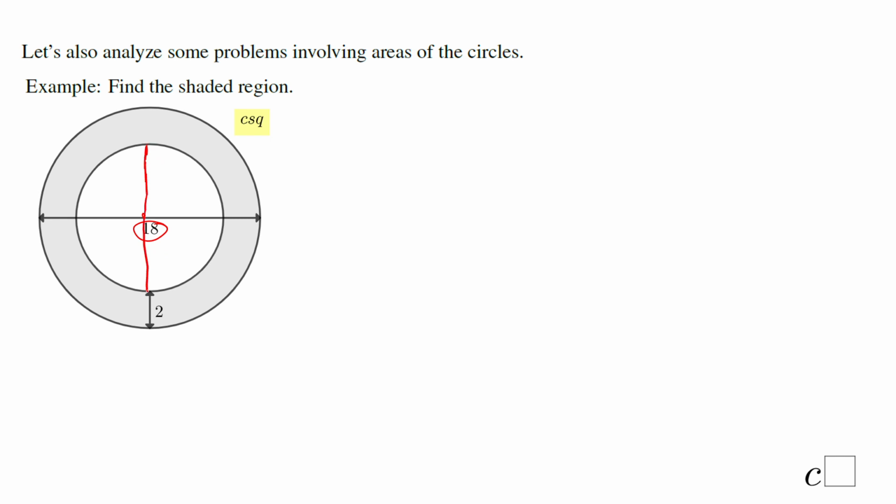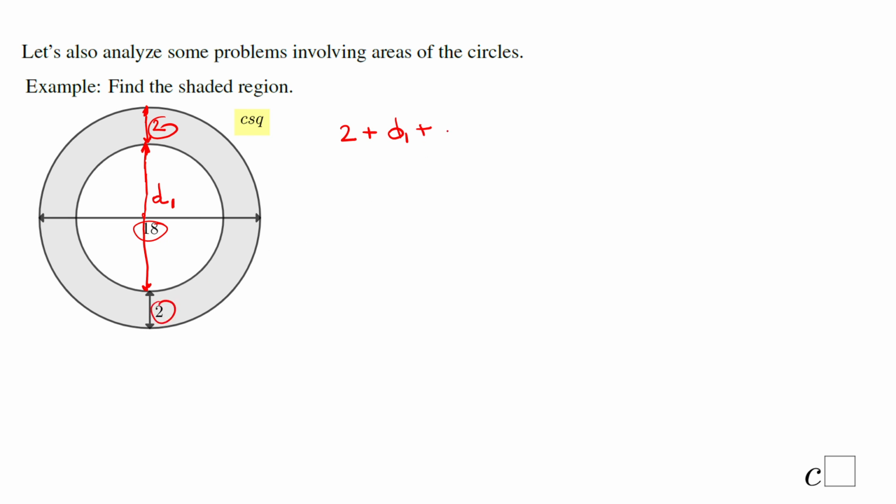So I'm gonna draw this diameter, one of the many you can draw, and we need to find how long that is. Now if I do the other piece here, that one will be nothing else than 2, and then I can write this statement here: 2, let's say this is this 2, plus this red diameter, let me say d sub 1 for the first circle, the one in the middle, plus the last 2.